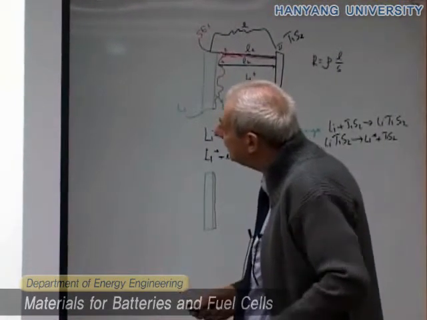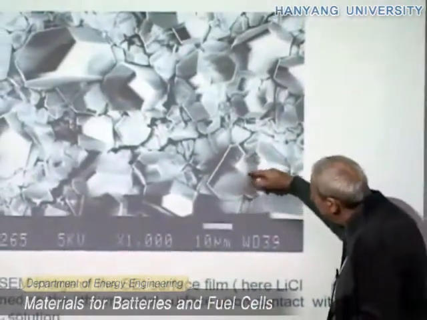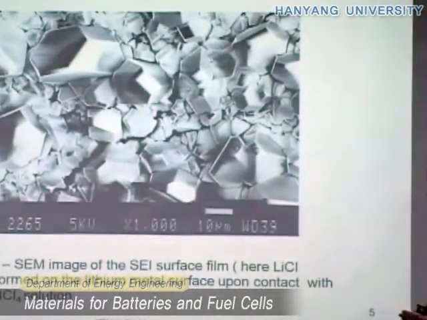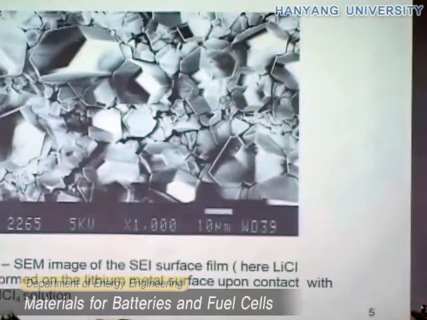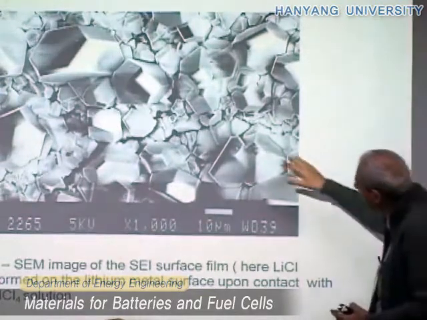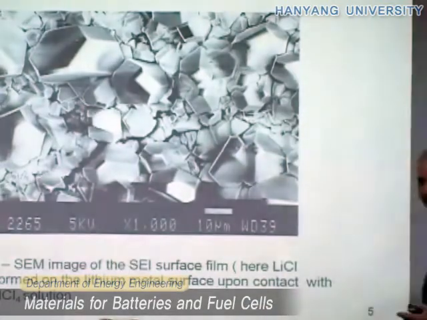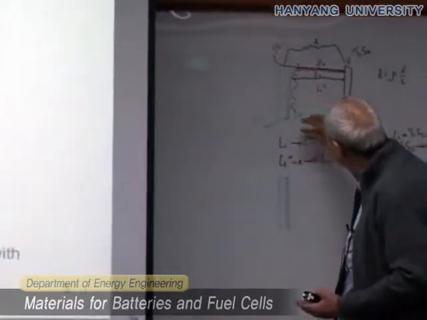And you see here a very clear formation of lithium chloride crystals. And this is one of the most unfavorable situations, because you see that this is a very non-uniform film formation. So this is something like here.